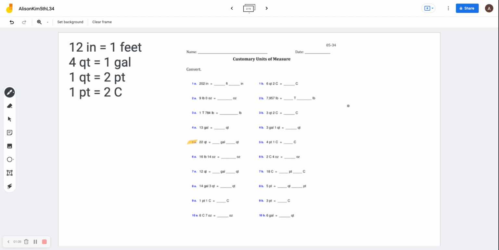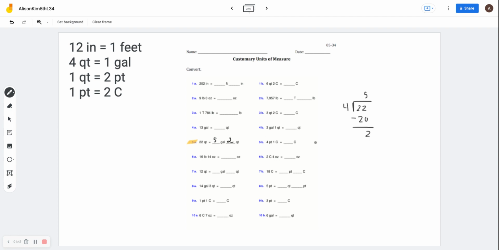So let's divide 22 by 4. 4 can go into 22 5 times evenly, but we're left with 2, right? So we're going to be left with 2 quarts, but we have 5 full gallons. So we put 5 gallons, and the 2 left is the quarts remaining.